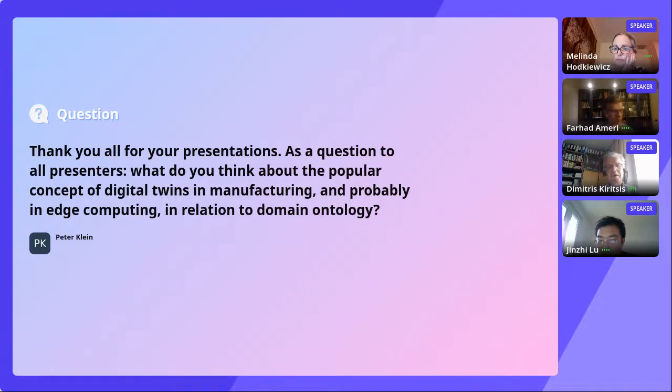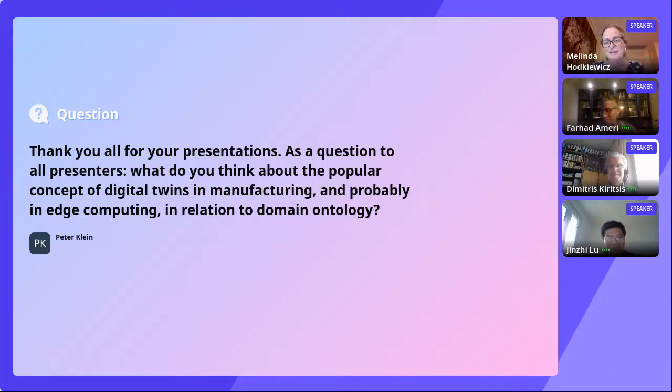For example, we may have a digital twin for a supply chain solution or a digital twin for maintenance. There are a lot of products in the market claiming to sell digital twins for predictive maintenance, for example. This question is for all the presenters. So let's take first Melinda with the digital twin for predictive maintenance. What do you think? How can ontology support the digital twin for predictive maintenance?